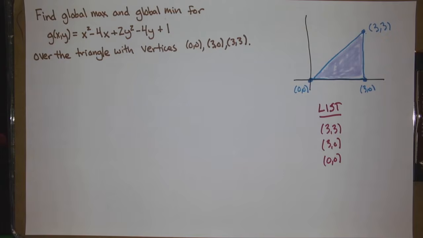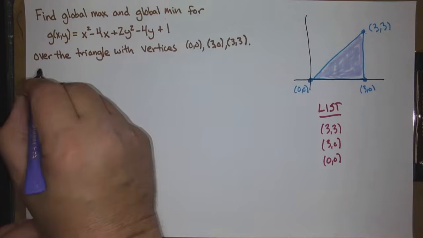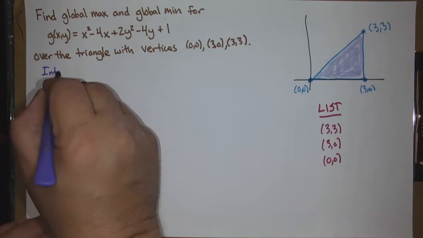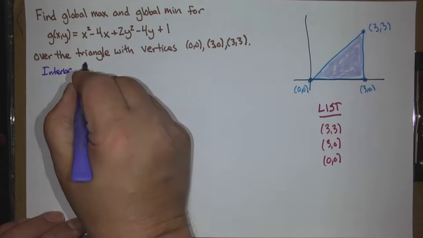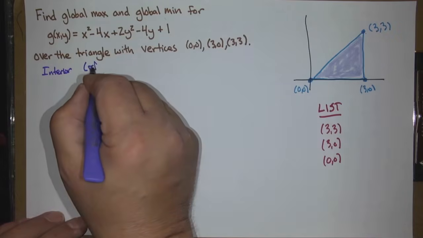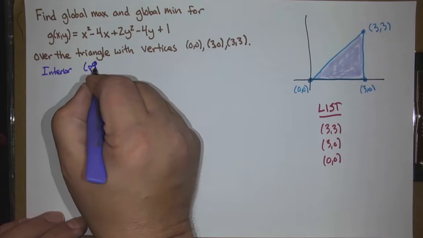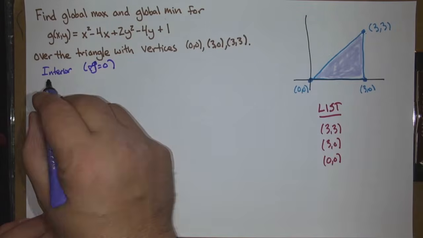So, all right, let's begin. Let's start by doing the interior. For the interior, remember that's the gradient equals 0. I shouldn't put f, I should put g, gradient g equals 0.